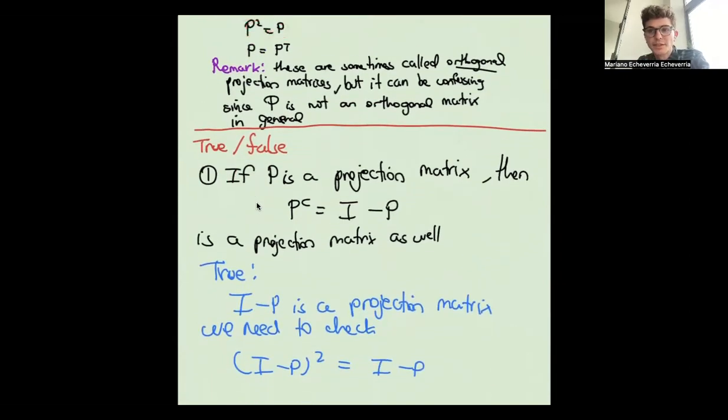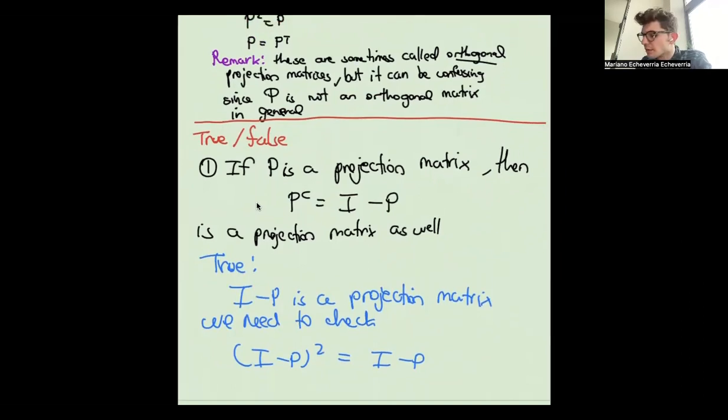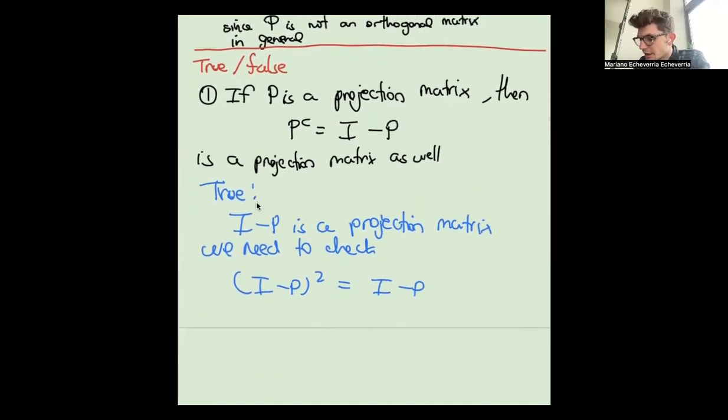The square of the matrix agrees with itself, and that it is symmetric. Is that making sense? That's what we need to check. Is that clear?